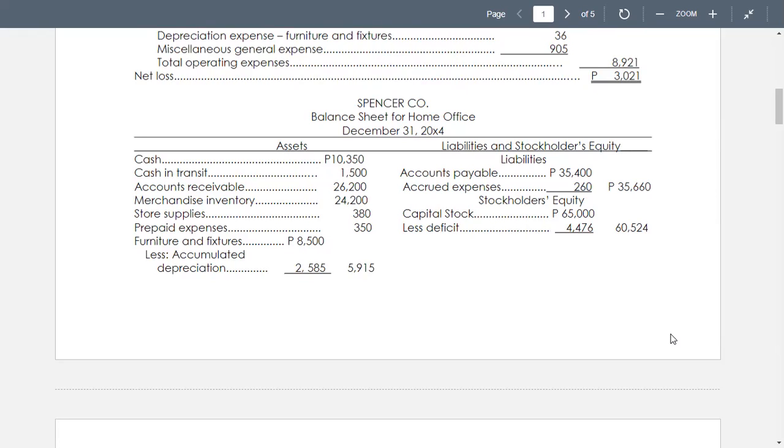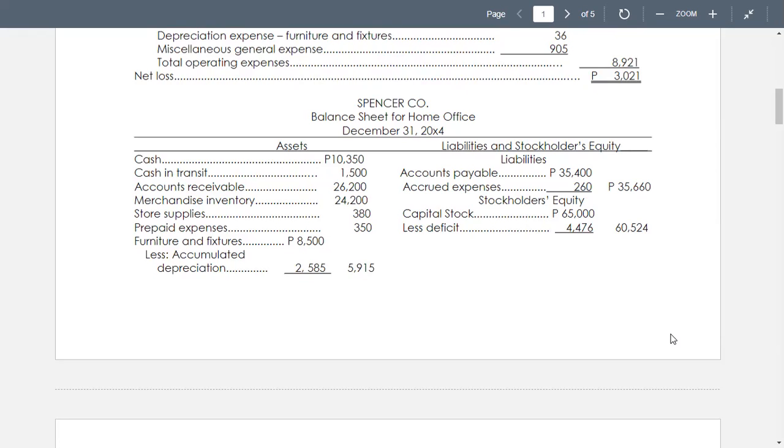We go to, let's continue with the individual balance sheet of the home office. Among the assets, cash, 10,350, cash in transit, 1,500, accounts receivable, 26,200, merchandise inventory, 24,200, store supplies, 380, prepaid expense, 350.